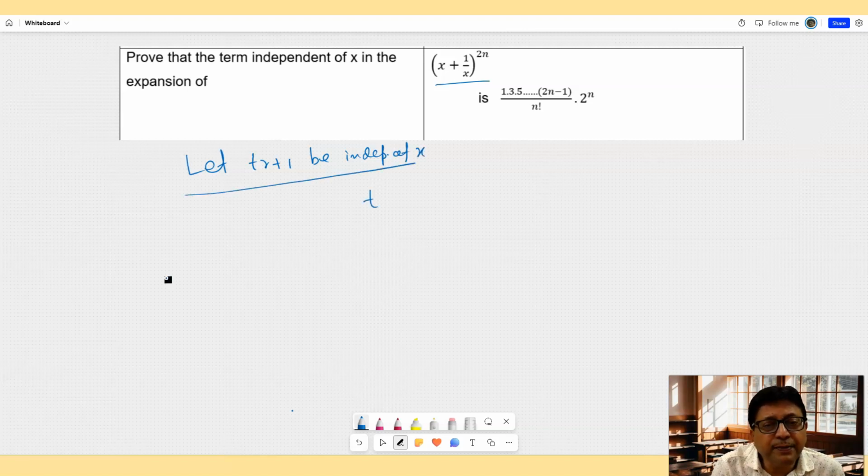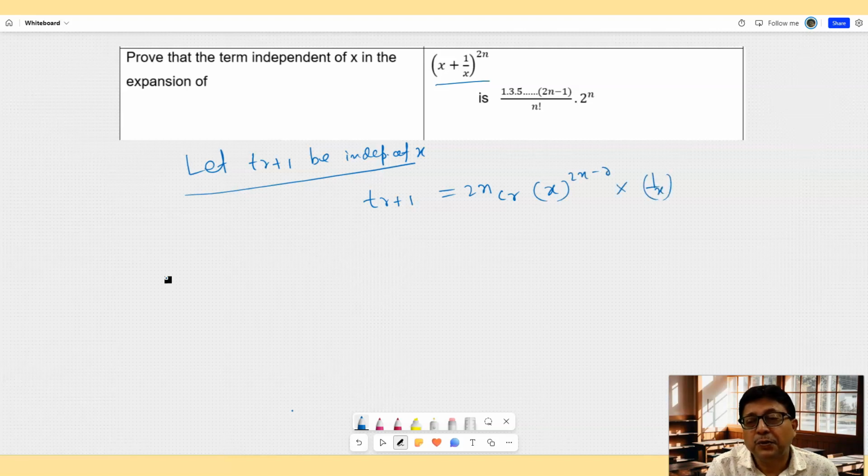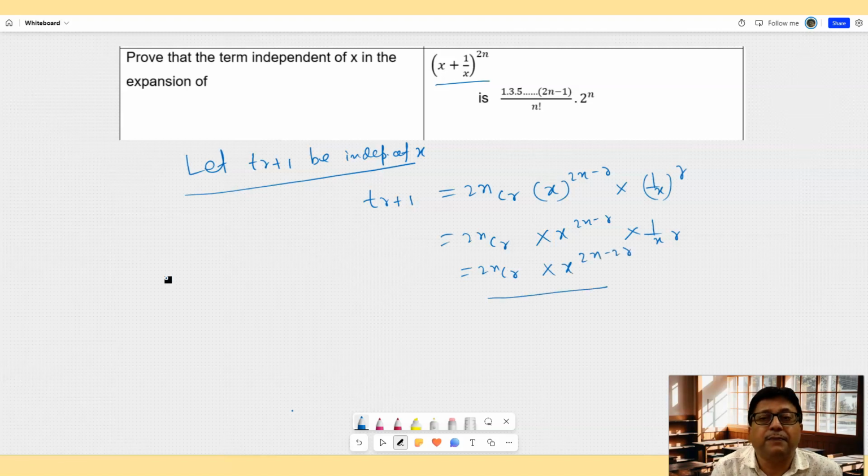You write T(r+1) here. T(r+1) is what? 2nCr x to the power 2n minus r, 1 by x to the power r. So this is nothing but 2nCr, index will be 2n minus 2r.